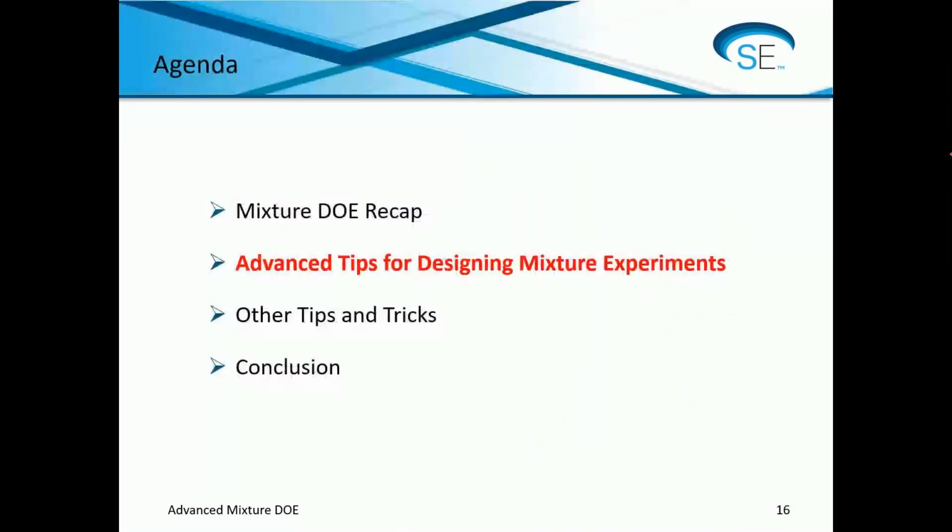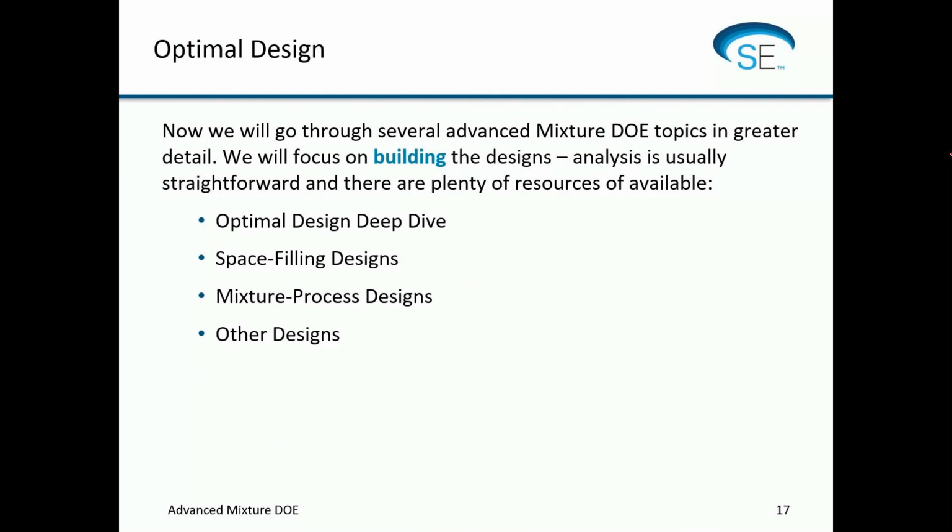All right. So here's what we're going to do now. We're going to go through several advanced topics in greater detail. We're going to focus again on building the designs. Analysis is usually pretty straightforward. If you know how to analyze a response surface design or even a factorial design, that gets you most of the way there for mixtures.